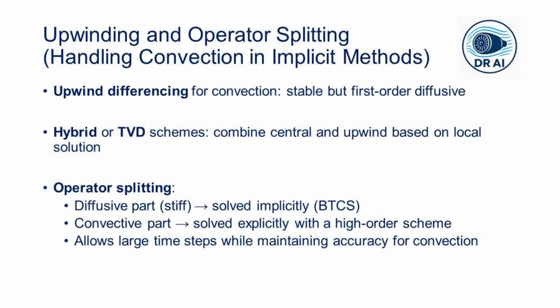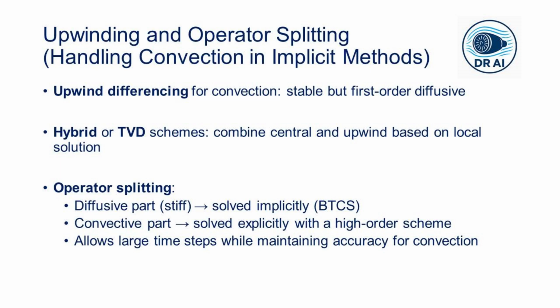We split the equation into a diffusive part, which is solved implicitly with the BTCS scheme, and a convective part, which is solved explicitly with a higher order scheme. This allows us to take larger time steps for the stiff diffusive term while accurately capturing the convection.